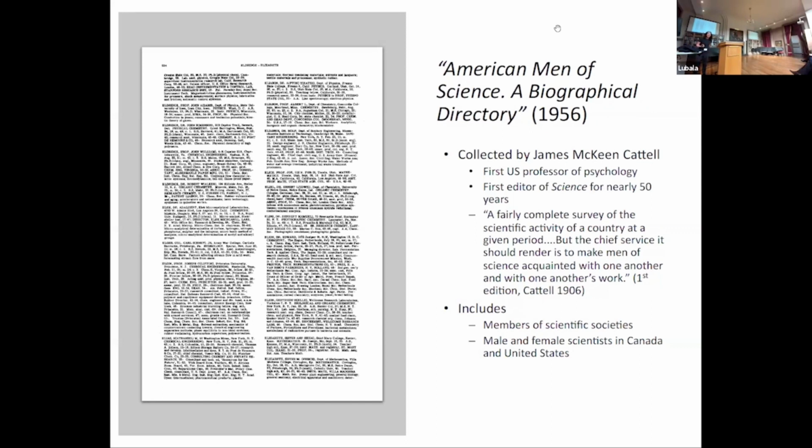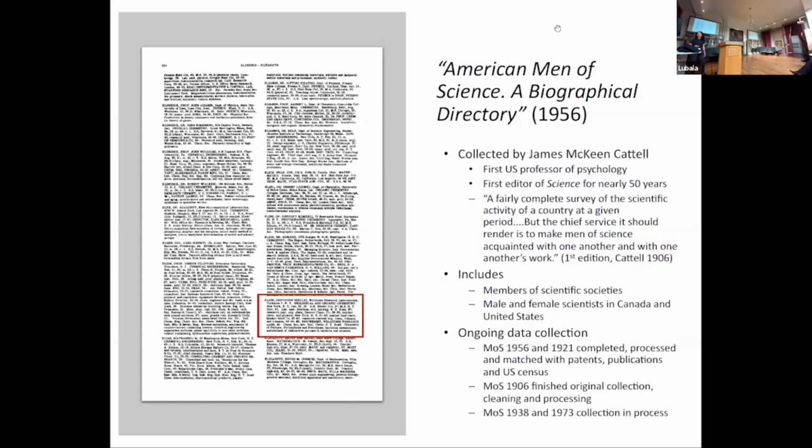He studied intelligence; he was the first to introduce intelligence as a research field. He wanted a thorough database for his own analysis, and he was the editor of Science for 50 years.